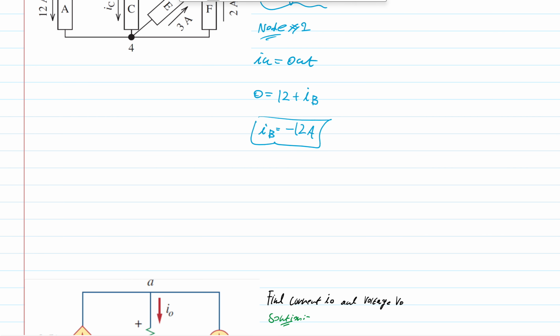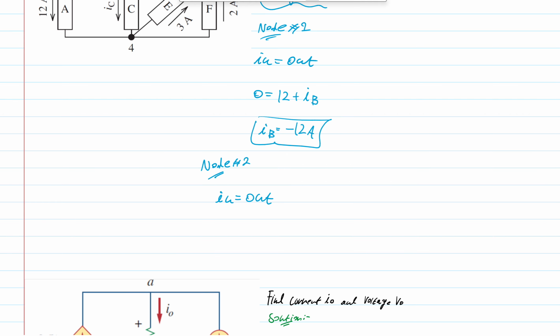So what about node number 2? In order to find it, we'll just apply that current in is equal to current out.